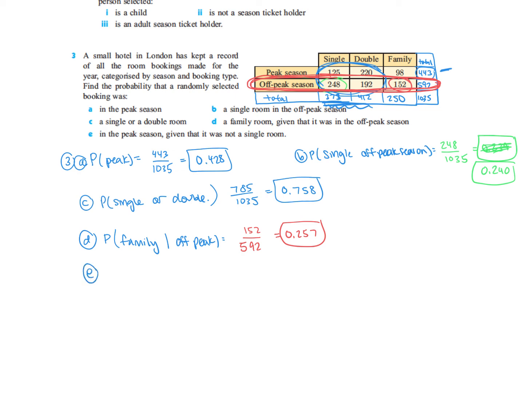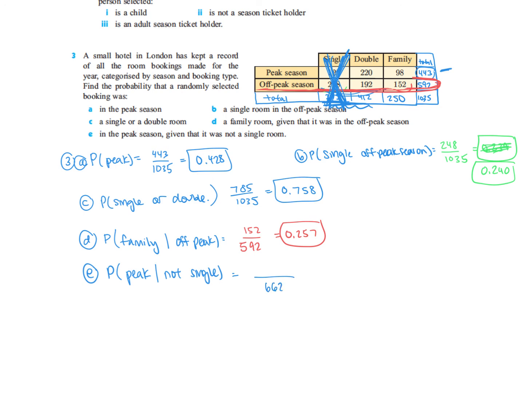And then in part E, the probability that it's in the peak season, given that it was not single. This one's going to be a little bit harder. I'm going to erase some things. So given that it was not a single, it's not out of these, it's out of everything else. So I'm going to add up double and family. Total double plus total family is 662.